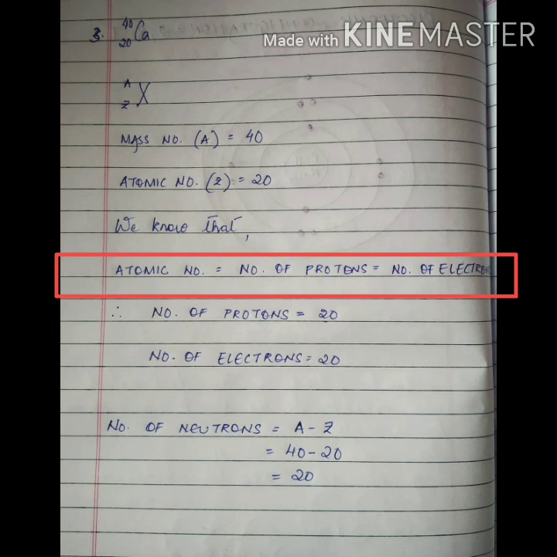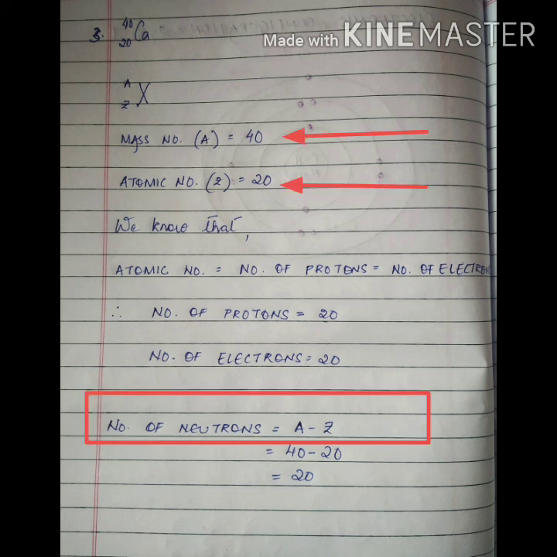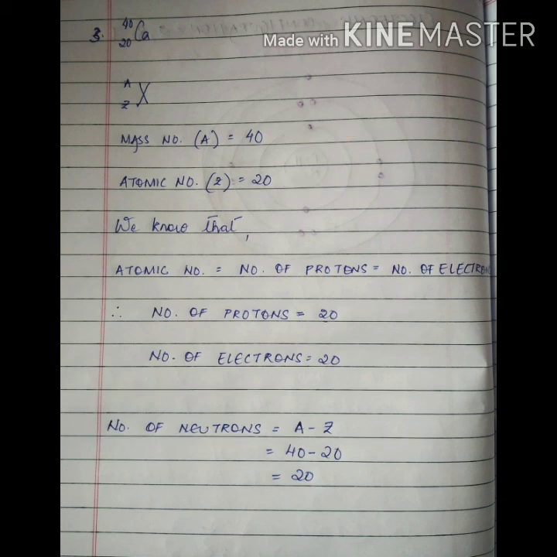We know that atomic number equals the number of protons, which is equal to the number of electrons. So if atomic number is 20, number of protons is also 20, number of electrons is also 20. Now calculate the number of neutrons, A minus Z, that is 40 minus 20, which is equal to 20.